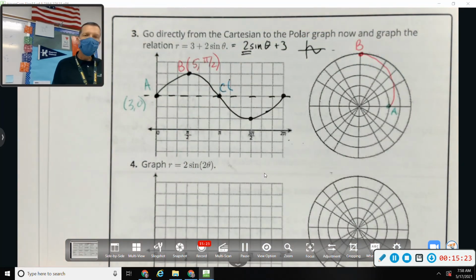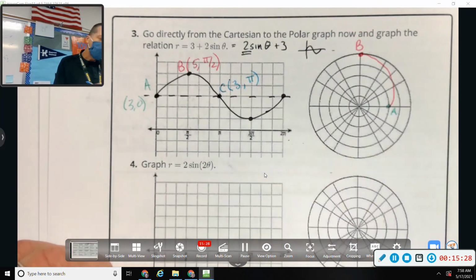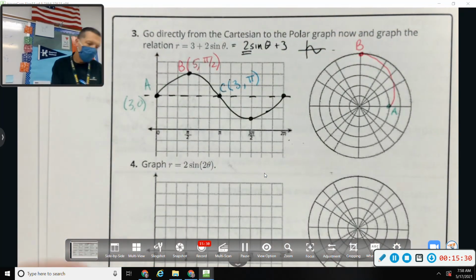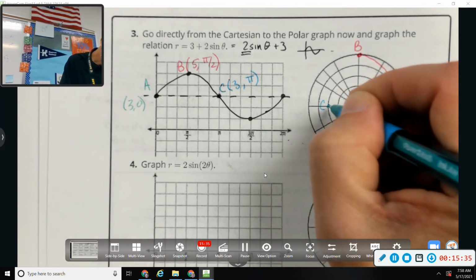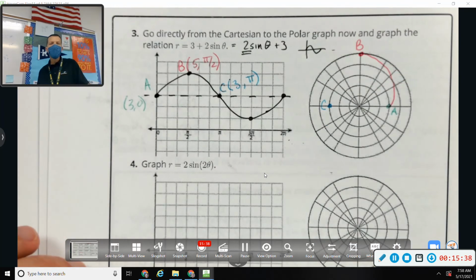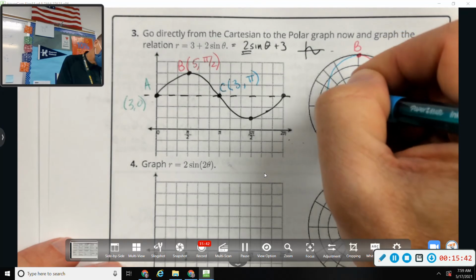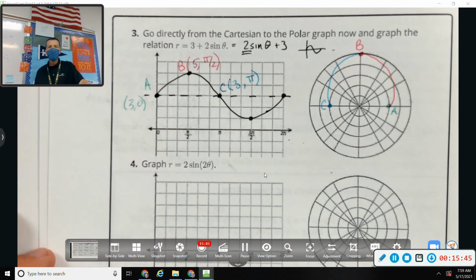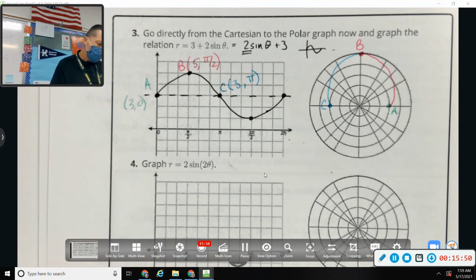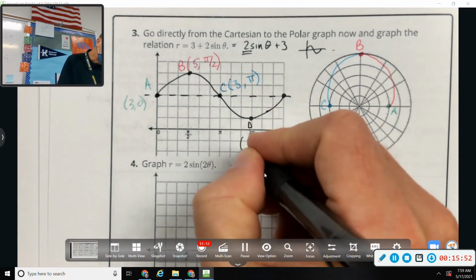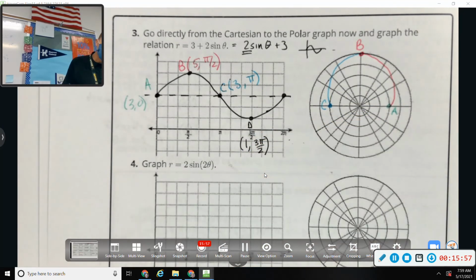All right, point C, the angle is pi, the radius is 3. So we'll rotate around to pi and go out 1, 2, 3. And kind of the same thing. We're going to keep rotating from B to C. Point D has a radius of 1 and an angle of 3 pi over 2.